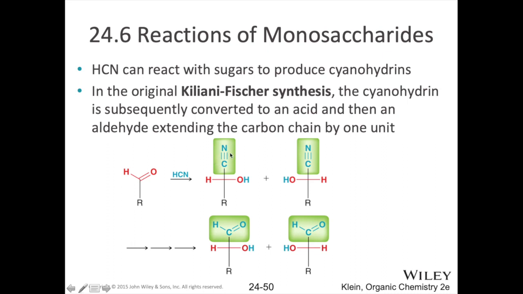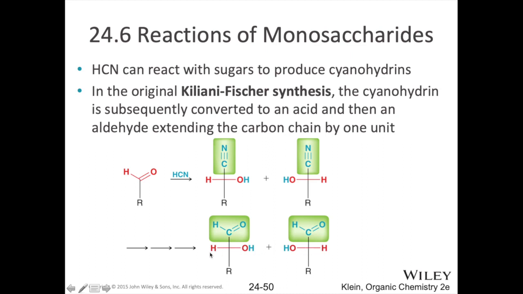Okay, now you can take this nitrile group and convert it into a carboxylic acid, and then reduce it into an aldehyde group. Okay, so once you've done that, notice that it's kind of like the original starting molecule, but you've inserted a carbon with a hydrogen and an OH group on it.